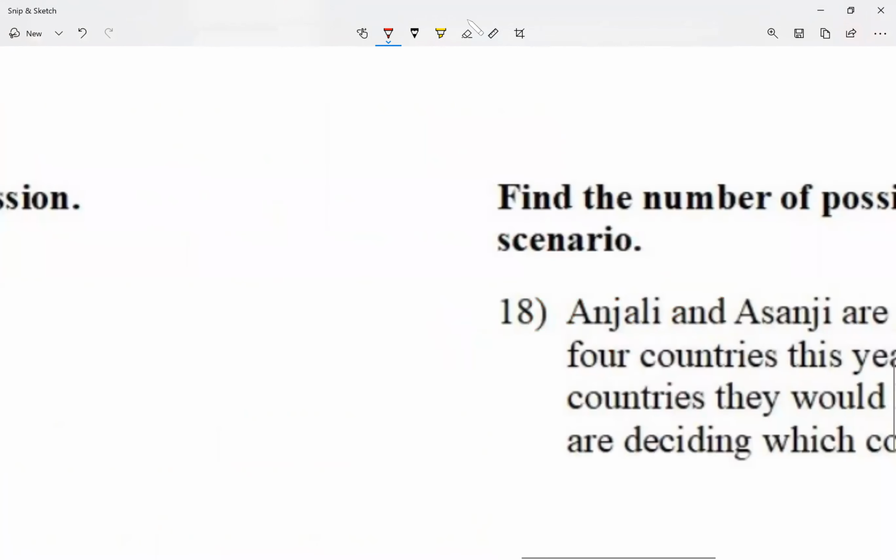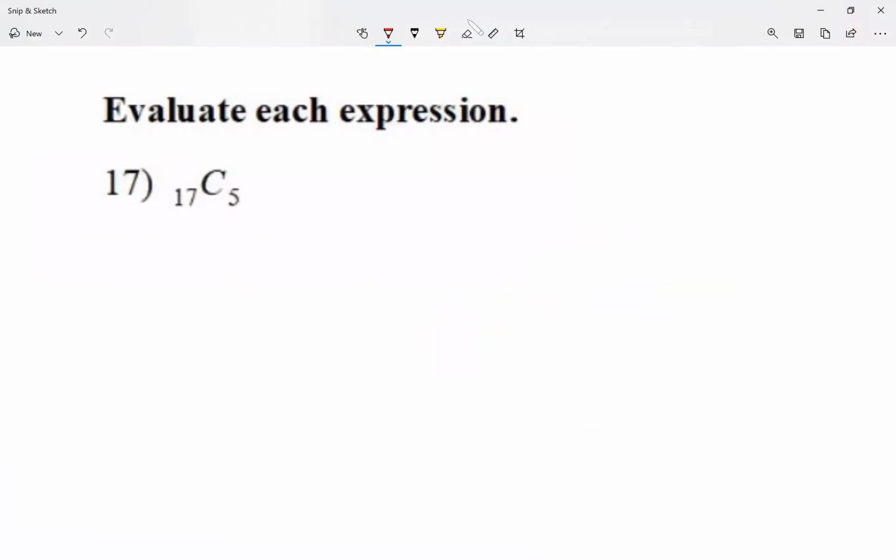Then we also talk about combination when order does not matter. 17 choose 5, so I'm going to do 17 factorial over 12 factorial. The 12 is because I subtracted 17 minus 5, but at the bottom I'm also going to include 5 factorial. The big factorial is 12, right? So my 17, I'm going to stop at 12.